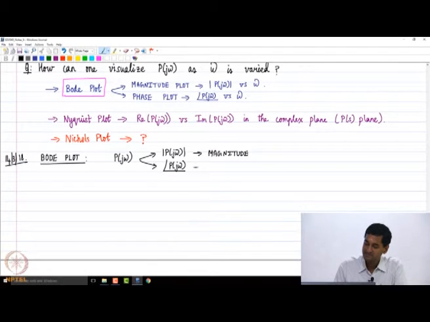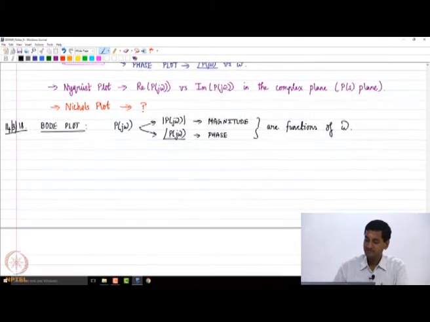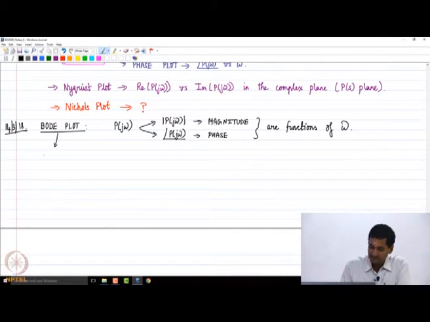Please note that both the magnitude and phase are functions of omega. Then in the Bode plot, there are two plots. The first one is what is called a magnitude plot.